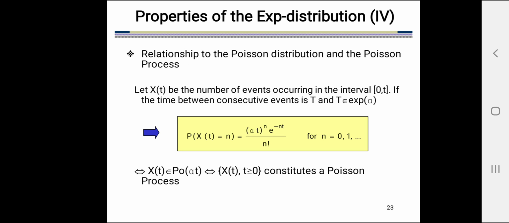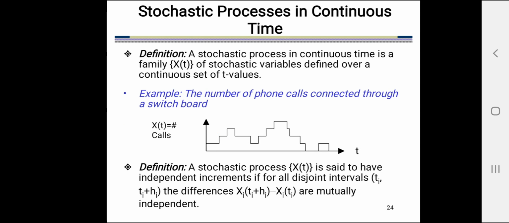Next, the relationship to the Poisson distribution and the Poisson process is shown. Then, a stochastic process in continuous time is a family of variables, a function of time, defined over a continuous set of T values, for example the number of phone calls connected through a switchboard.